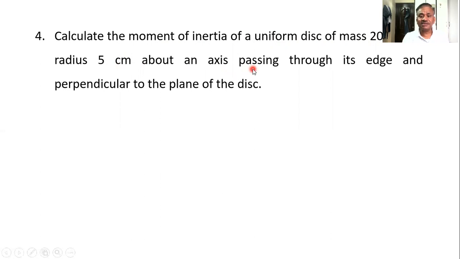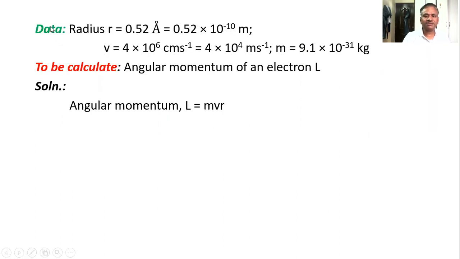About an axis passing through its edge and perpendicular to its plane. Passing through its edge means it is a tangent. It is case 2. What is case 2? Case 2 of the disk.